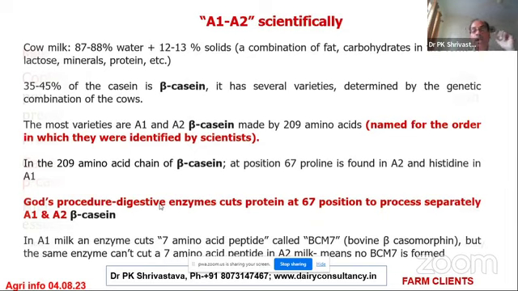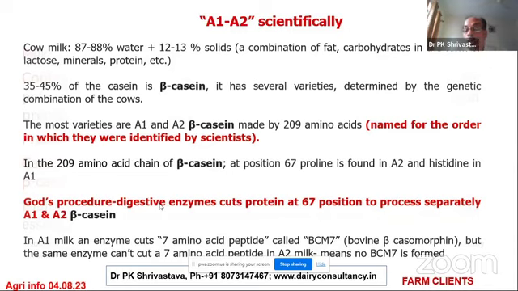Now let's go to what God has created. For A2 cows, this position 67 peptide is not cut. It is not possible to cut. Like I'm saying that in A1 milk, an enzyme cuts a 7 amino acid peptide called BCM7.